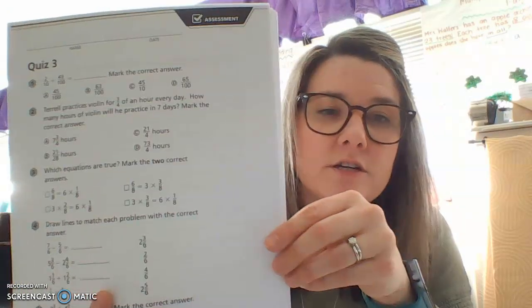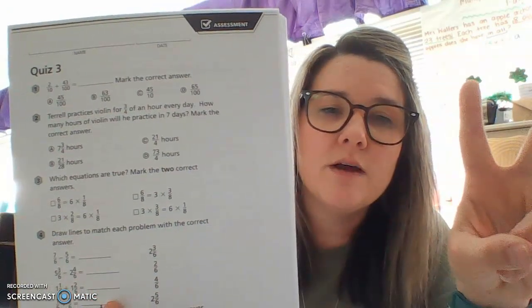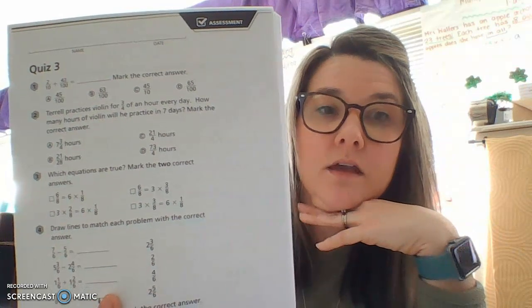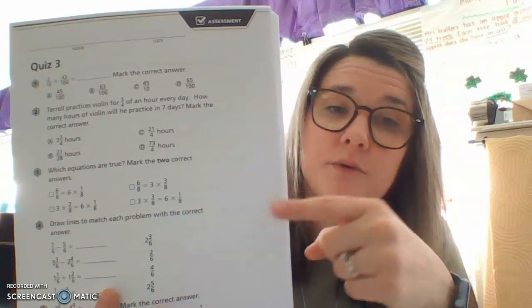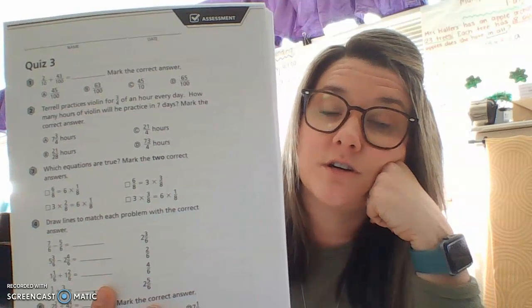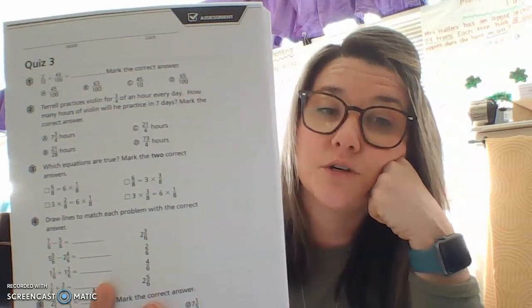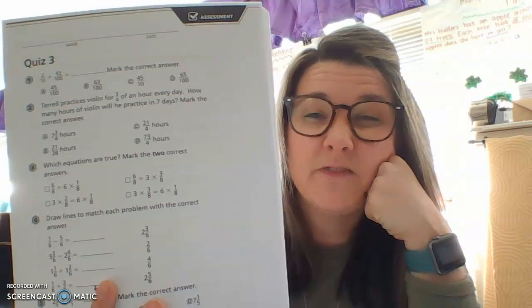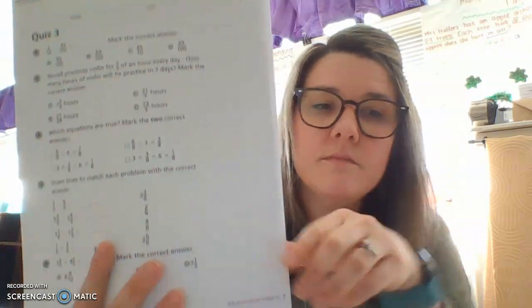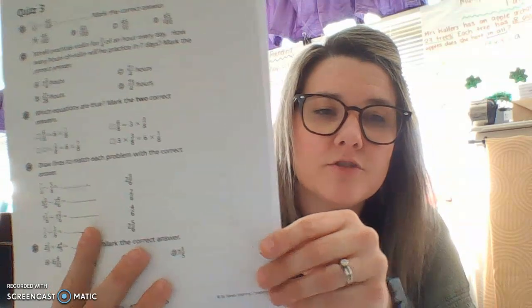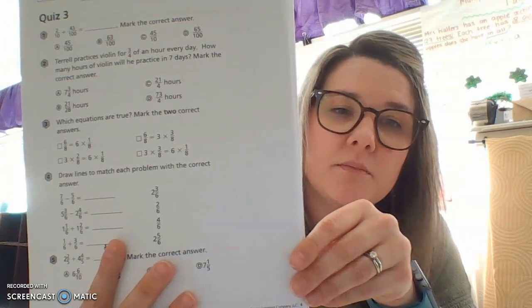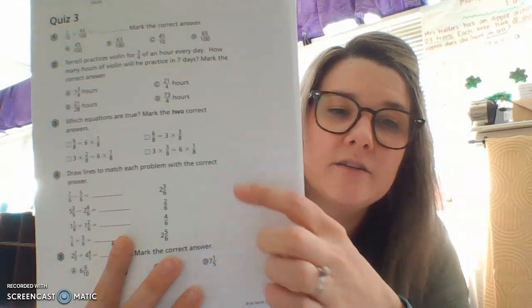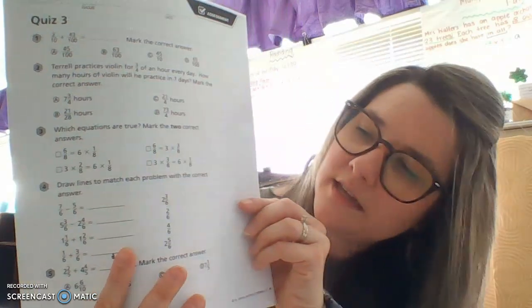The next question, you are choosing 2 equations that are true. What are you going to have to do with those equations to see which ones are true? I hope you're thinking that you're going to have to show your work. Same for number 4, you're drawing lines to match each problem. I know some of you prefer to write the answers on the blanks. You can do that.